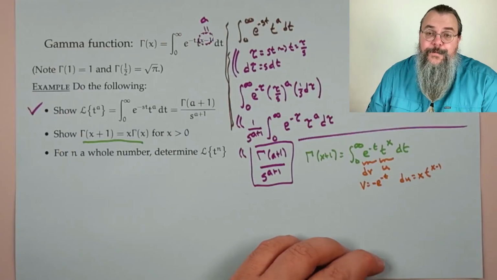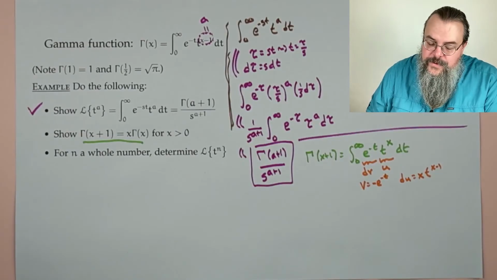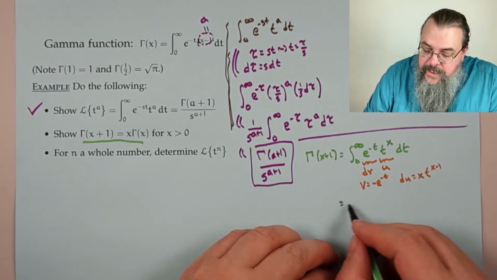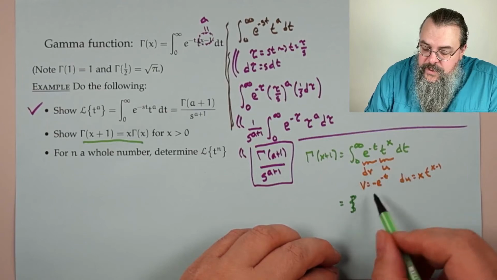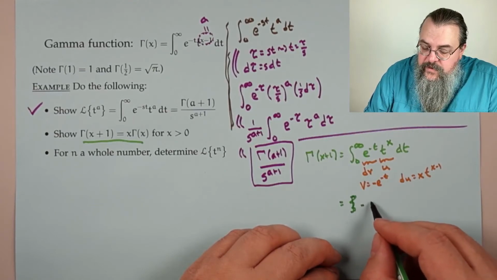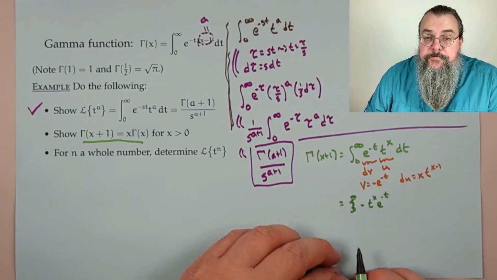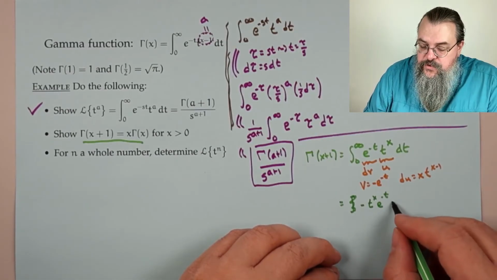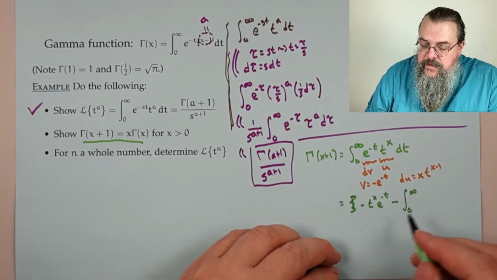T, and subtract 1 from the power. So this is equal to, what do we have? Well, we have uv, so minus t to the x e to the minus t, subtract the integral of v du.